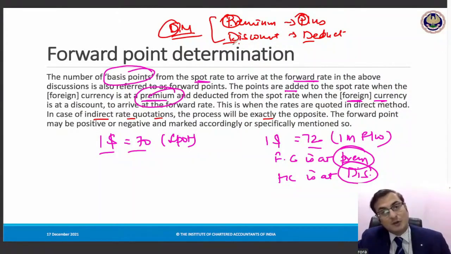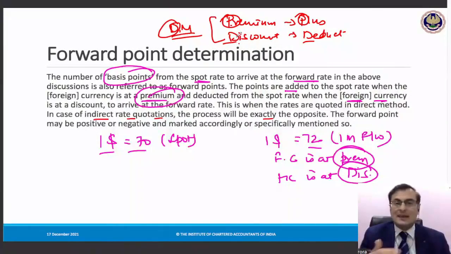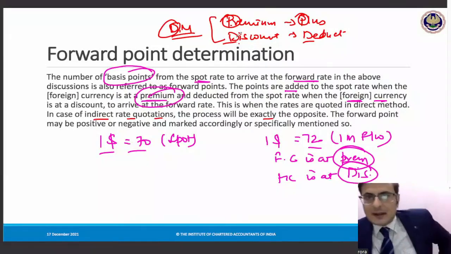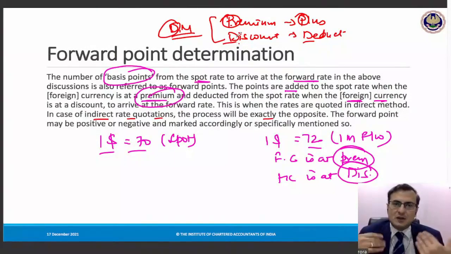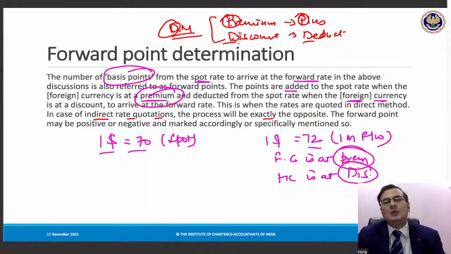Sir, how would we come to know in the exam? That is why in the first class I told you that you need to understand what a direct quote and an indirect quote are. There will not be a direct question in the exam on direct and indirect quotes. You will have to apply that foundation in your main question. Clear? Don't worry. With the help of a question, you will have a better understanding.